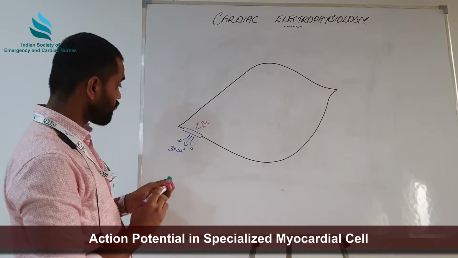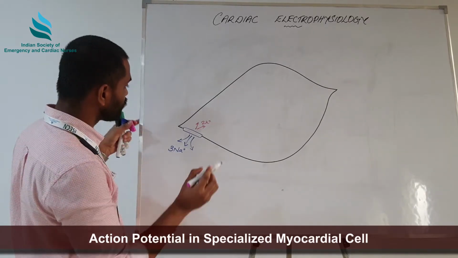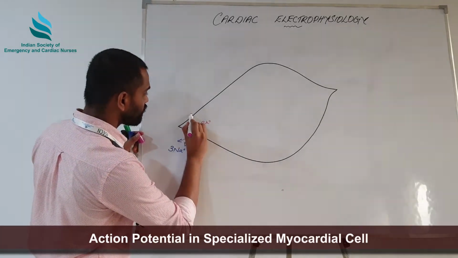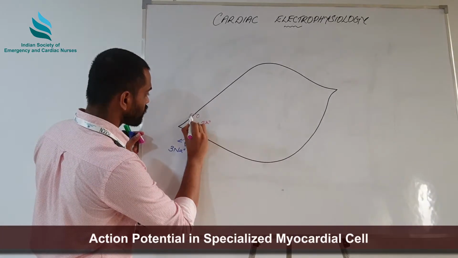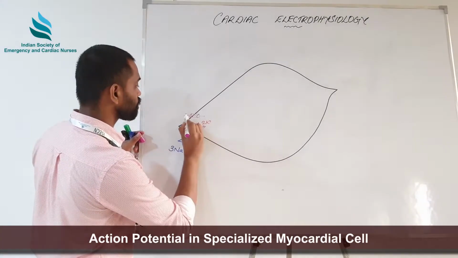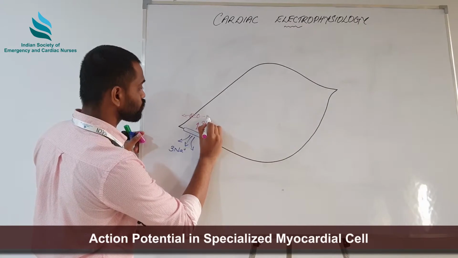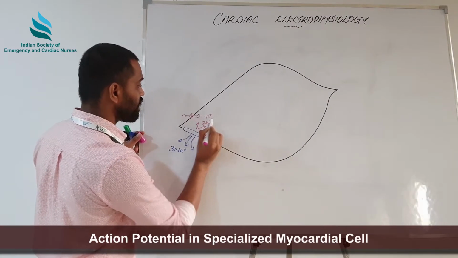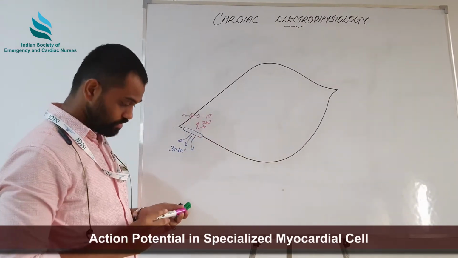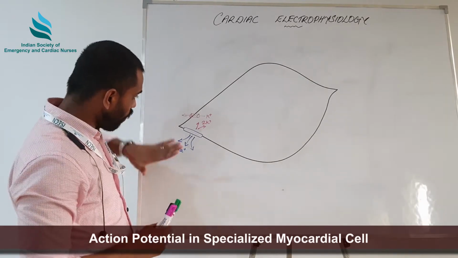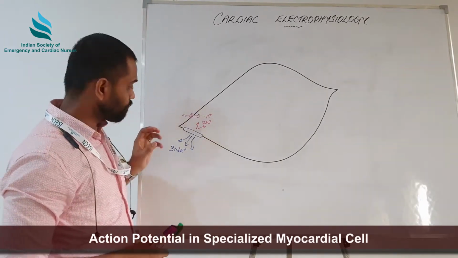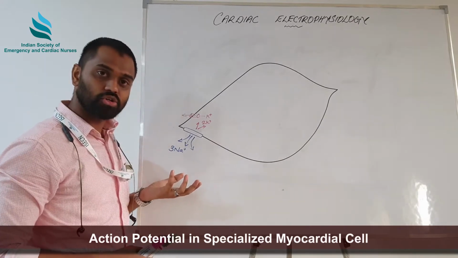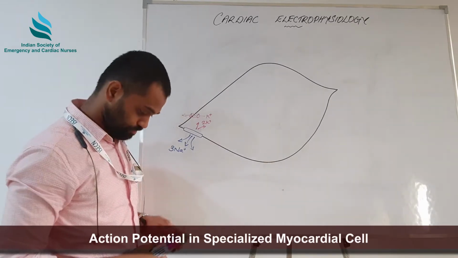And they also have leaky potassium channels through which they are losing potassium. So all these phenomena are quite similar to that of contractile myocardium.